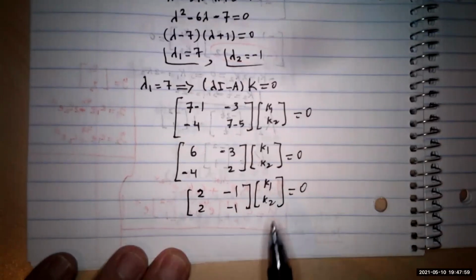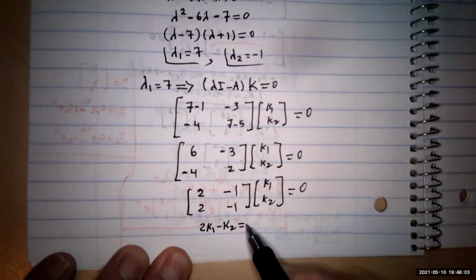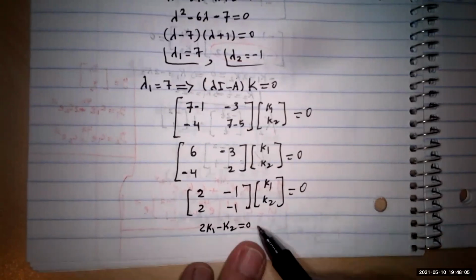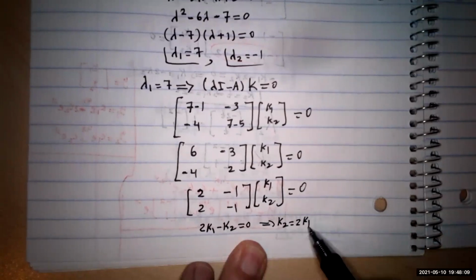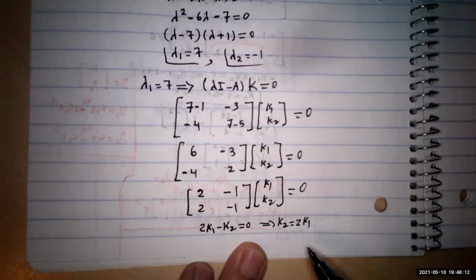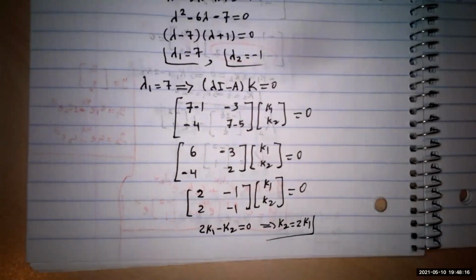Okay, so I go with this one, that gives me 2K1 minus K2 equal to 0. So that gives me the fact that K2 is equal to 2K1. So we take K1 to be equal to T, and K2 would be 2T.